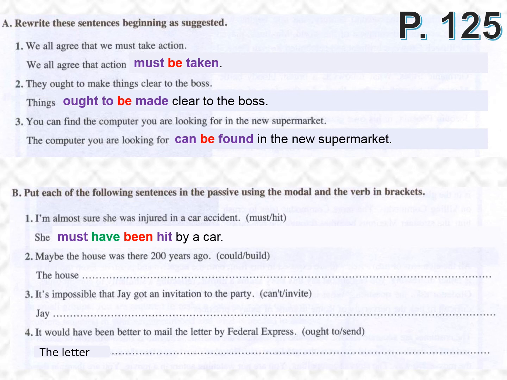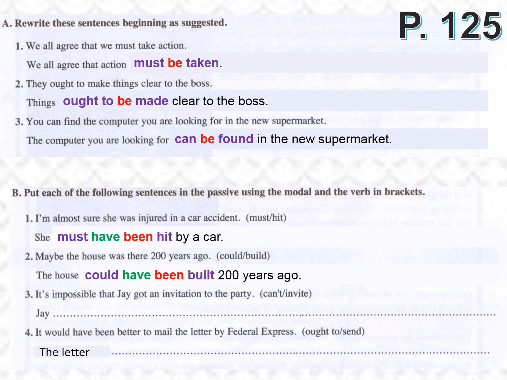Okay? Number 2, maybe the house was there 200 years ago. The house could have been, and the verb is built in the past participle, built. So the house could have been built 200 years ago.